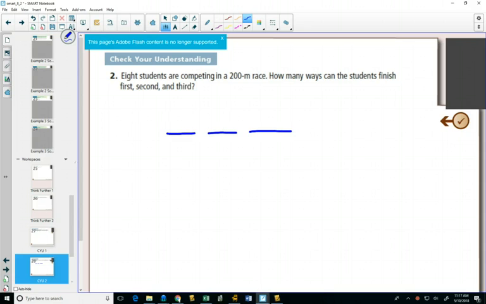Who's going to come second? Who's going to come third? Maybe I even describe them underneath here. And there are 8 choices for first place, 7 choices for second, 6 choices for third, 336 possible choices in total. That's easy to think of.